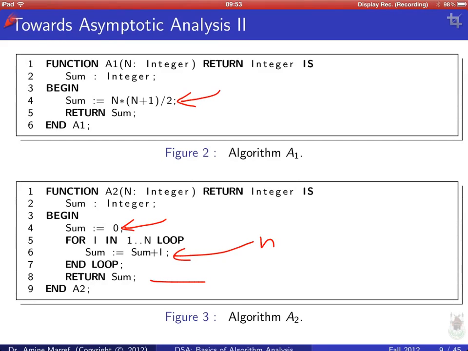And another algorithm A2, which also contains a loop that iterates n times, and it has the statement x equals x plus 2.